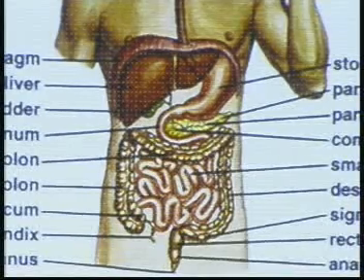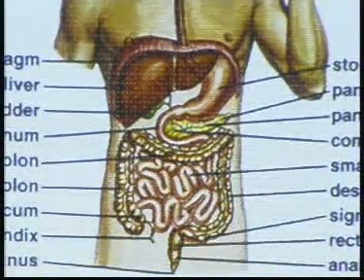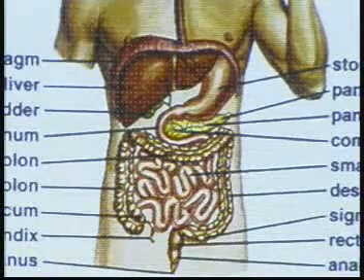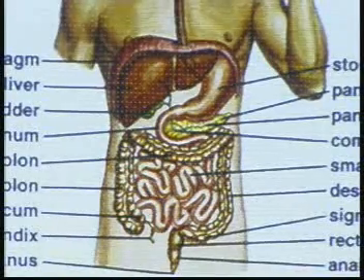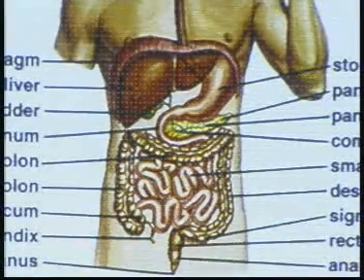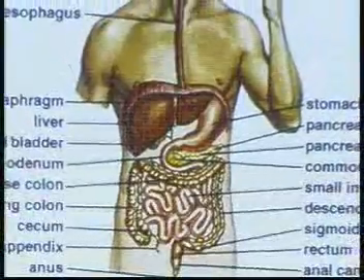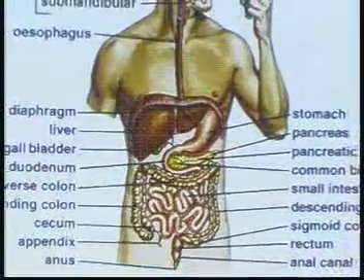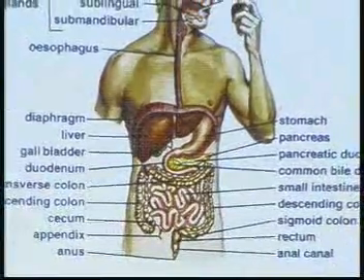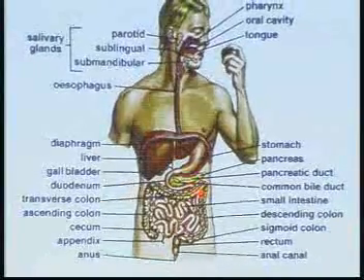Trypsin acts further on the proteins. The digestion of proteins has to be completed by the juices present here. Proteins are digested into their final products, and that is amino acids. And then we have amylase, the digestion of carbohydrates which was not complete in the mouth is now accomplished in the duodenum.